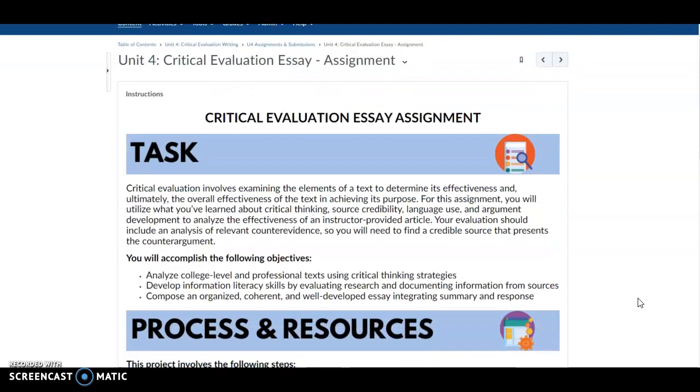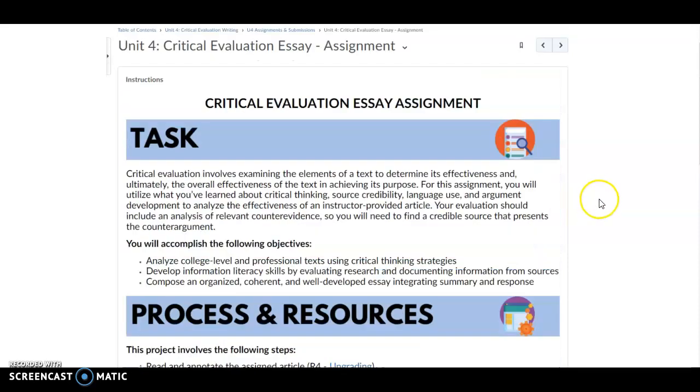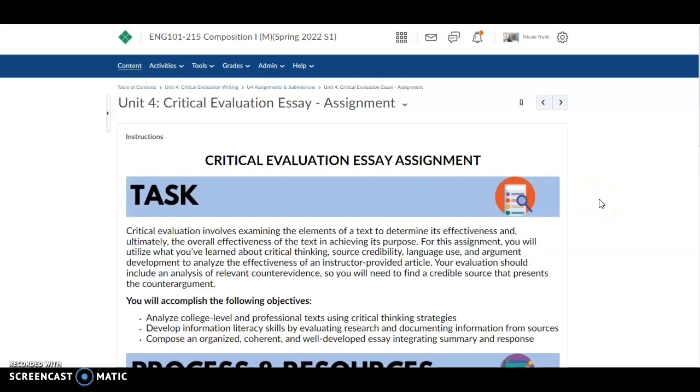There's one last thing that I want to make sure that I focus on, and that is reading 5. This whole critical evaluation essay is evaluating R4, which is the article I gave you. So it might be ungrading or it might be another article, but it should be clear in the assignment instructions and on the schedule which article R4 is.